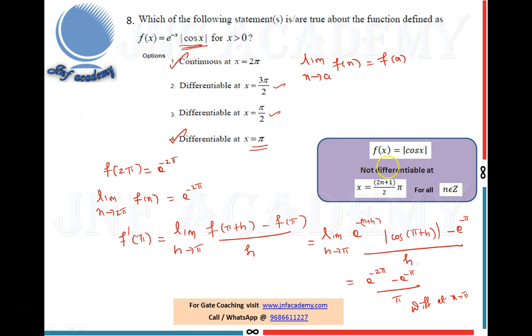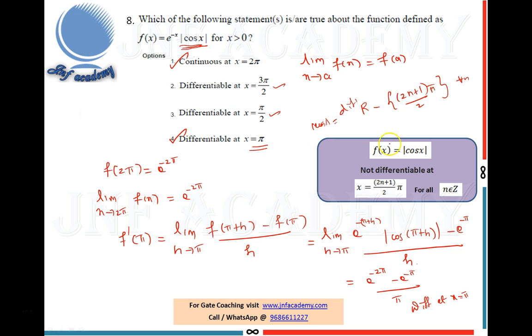So modulus cos x is differentiable at all other points.